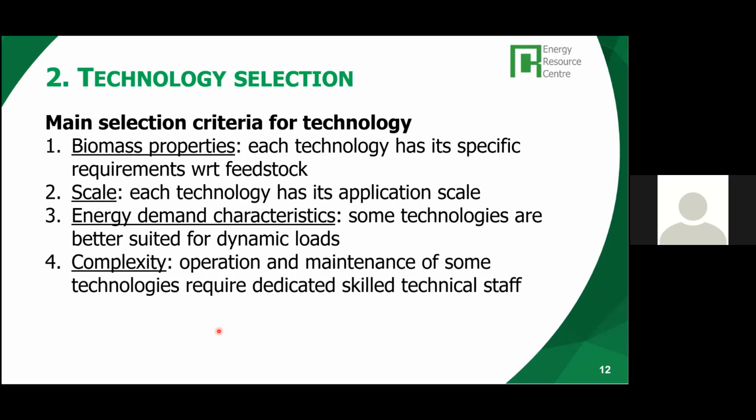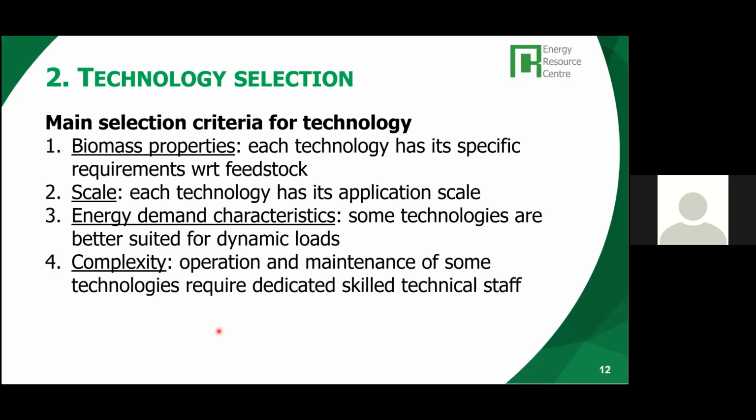So, as I said, combustion is a bit more versatile where it comes to solid biomass, at least. We look at the scale. Each technology has a certain application scale. Some can be used at relatively small scales, but then maybe not up to the very large scales, and others start being feasible from larger scales upwards.